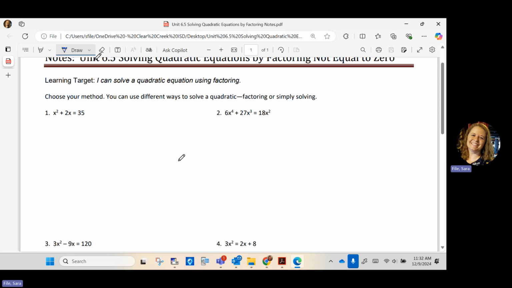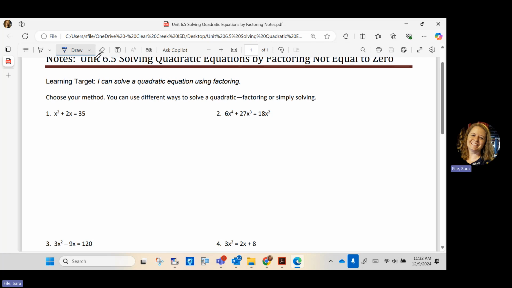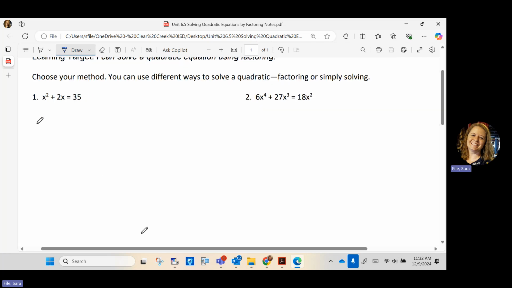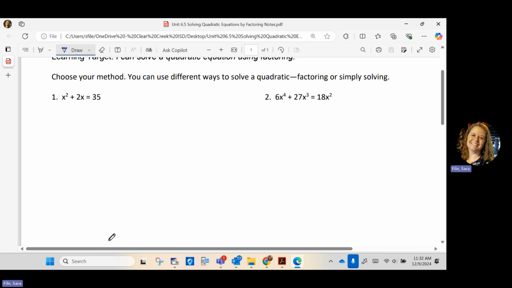So what we need to do is get it set equal to 0 first. So to do that, we need everything on one side of the equal sign and a 0 on the other side. So here, just this 35 needs to be subtracted over to the left because it's a positive 35. I'm going to subtract it to move it over here.